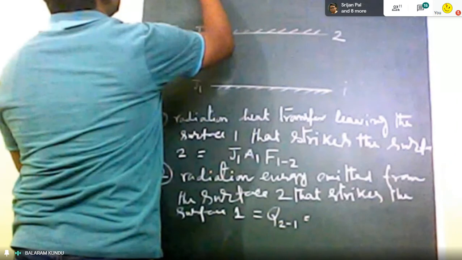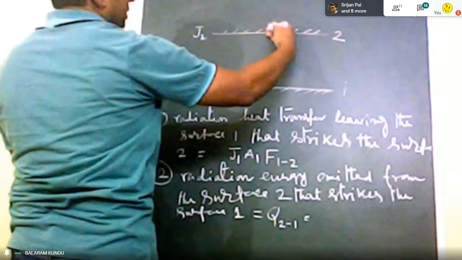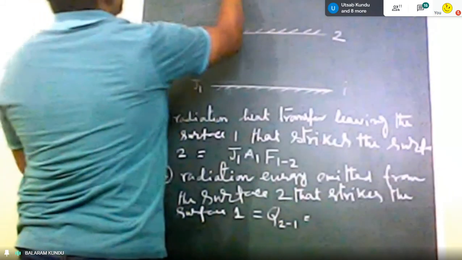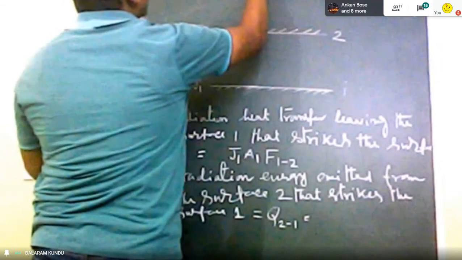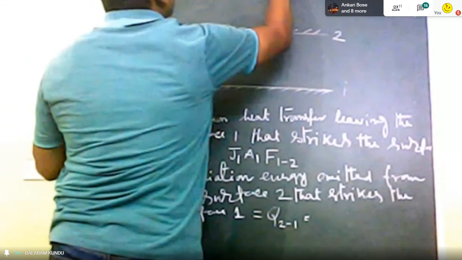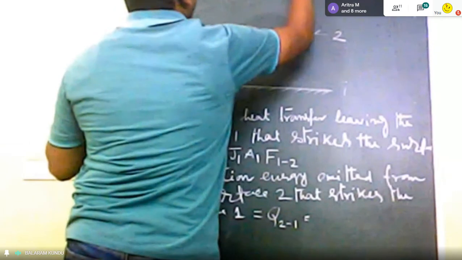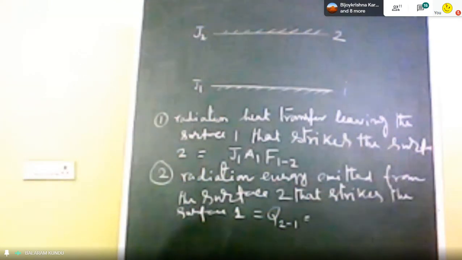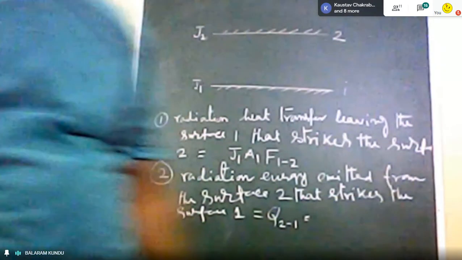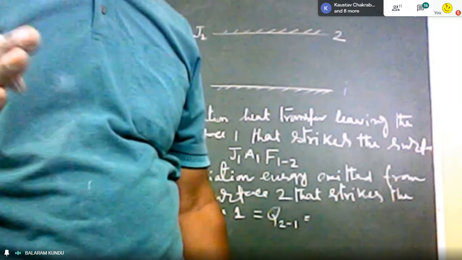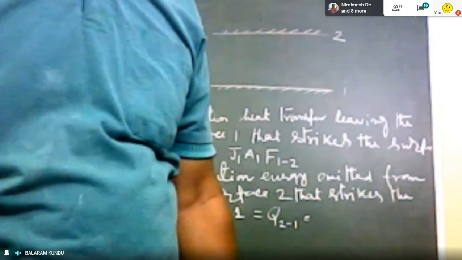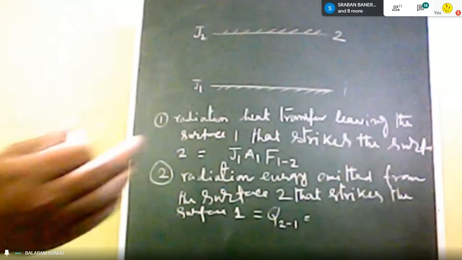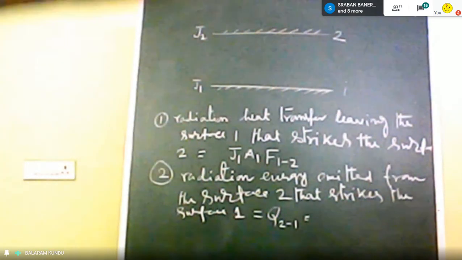Q21 means radiation energy emitted from surface 2 that strikes surface 1, equal to area A2 into radiosity J2 into shape factor F21. So Q21 equals A2 J2 into F of 21.